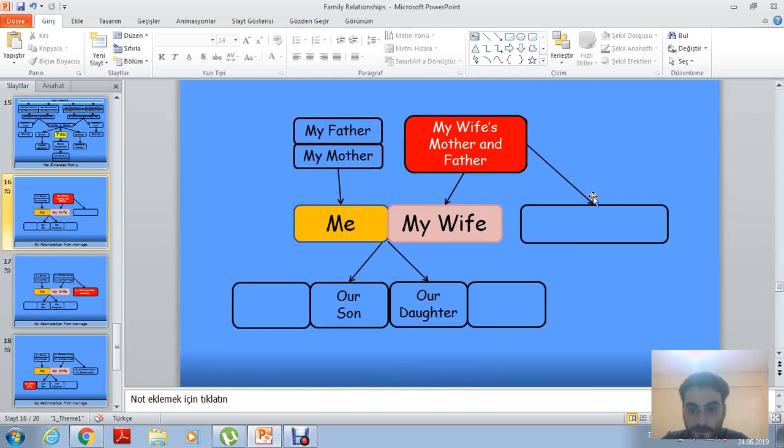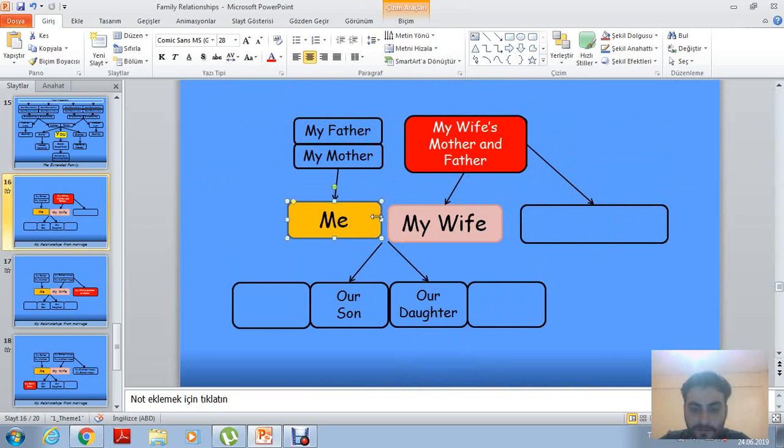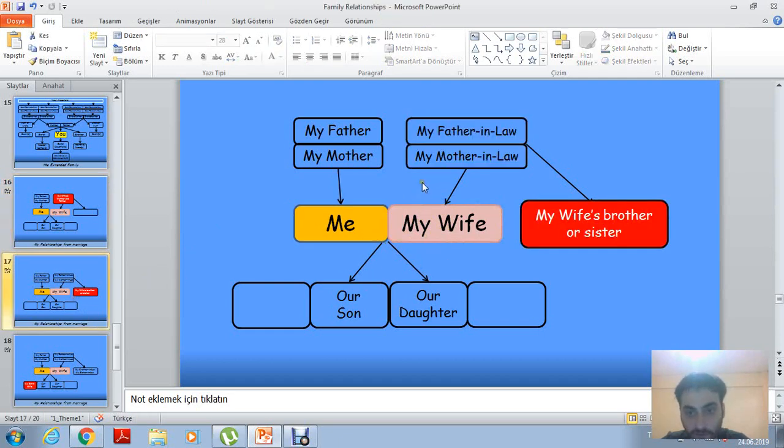relationships from marriage. If you are a man, you have a wife. If you are a woman, you have a husband. Your wife's mother and father are your mother-in-law and father-in-law.